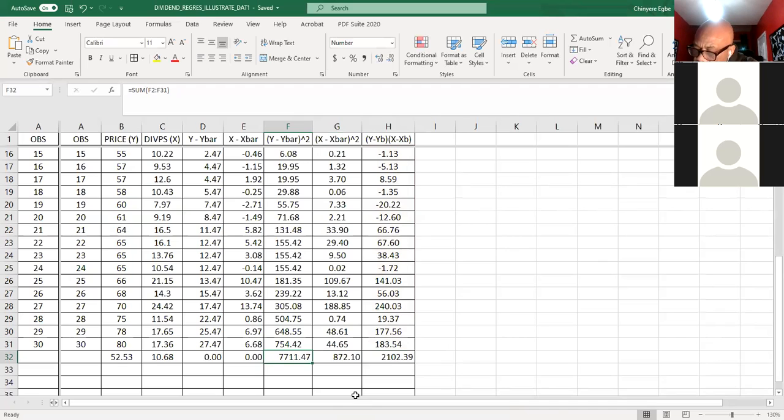How about the sum of X minus X bar squared? 872.10. Okay, so you write it all down. The reason I'm writing it down is that I'm going to go back to the PowerPoint and we'll fill it in so that we can now solve that problem.